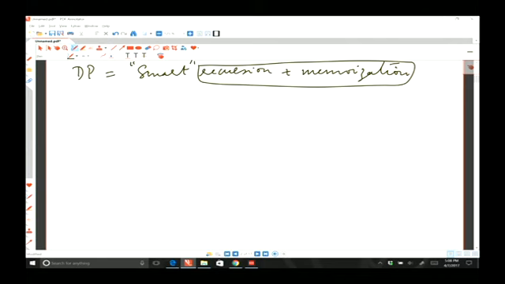Yeah? Okay, so the question is, DP is interesting because for many problems or a large class of problems, if you figure out a good recursion, you will see that when you memoize it, it leads to an efficient algorithm. So that's the key, right?